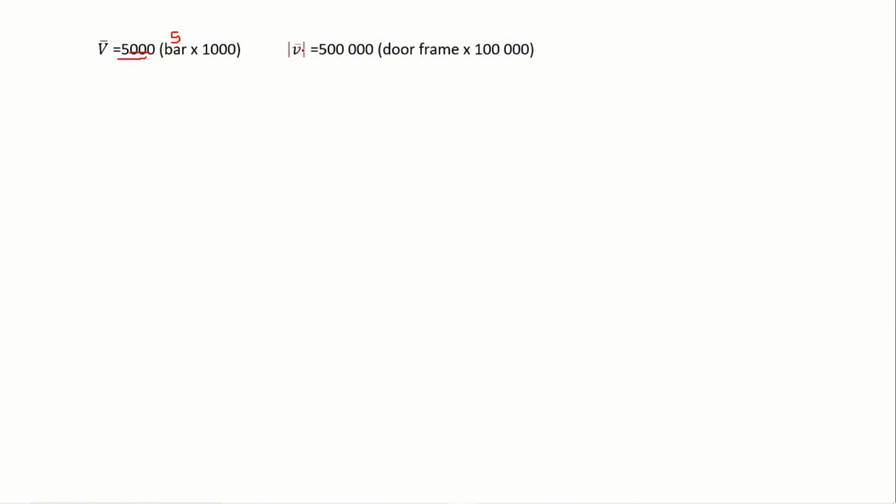Also, if we see a symbol like this, a door frame, we need to multiply the value of that symbol by 100,000. For example, this is 5, right? The V. So 5 times 100,000 also equals 500,000.